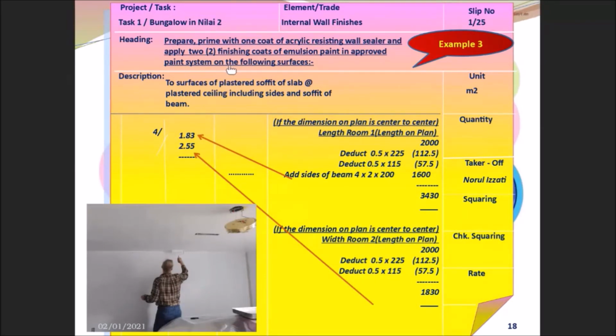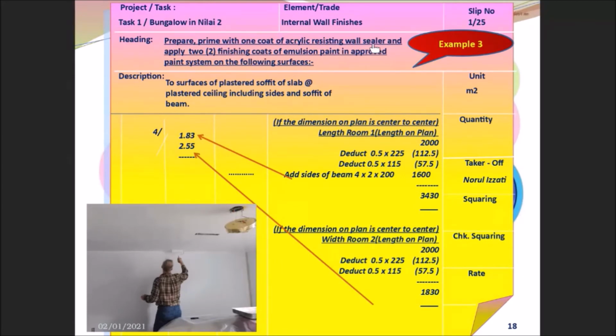But if not, you have to show the calculation again. So the description is similar to what we did before. There are 3 layers. You can use undercoat, emulsion coat, and according to the specification, prepare prime with 1 coat of acrylic resisting wall sealer.